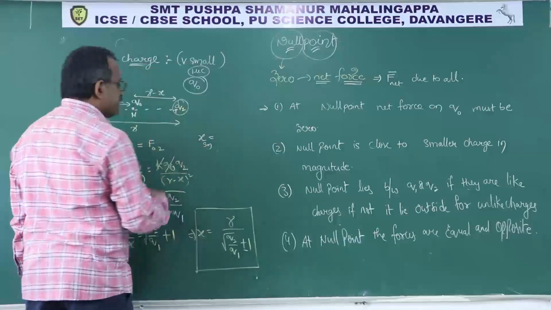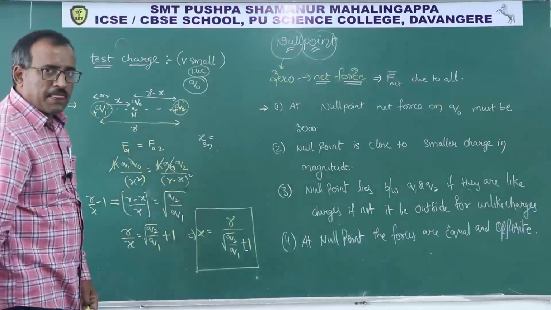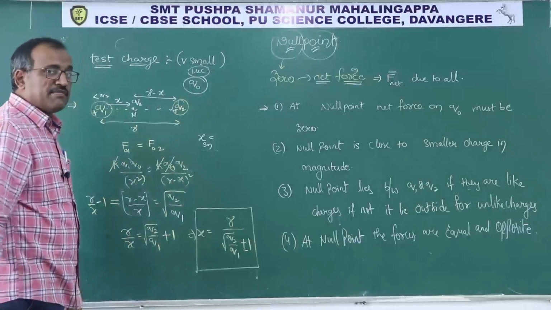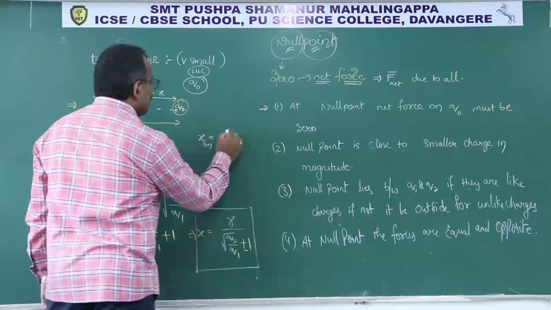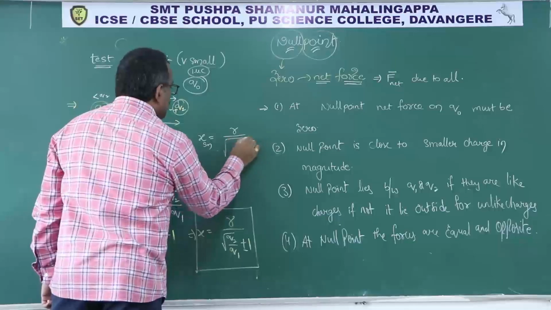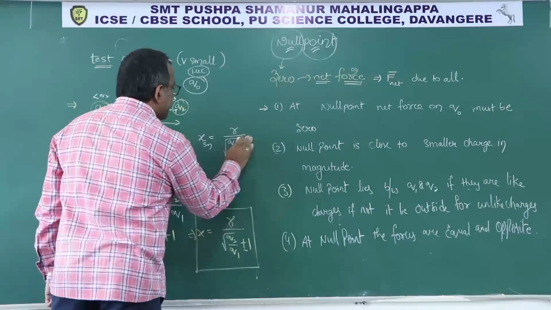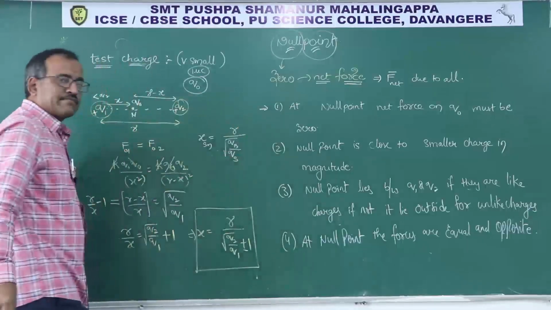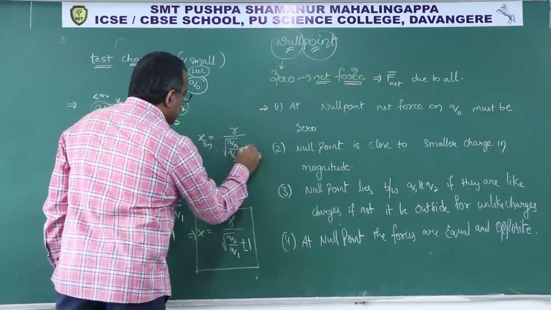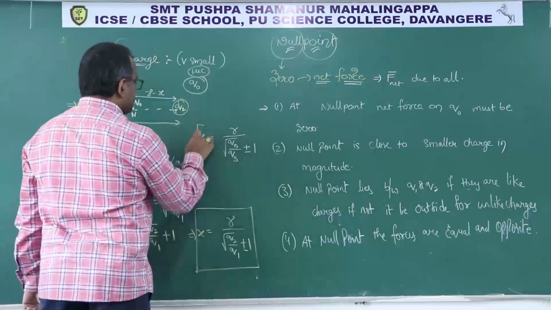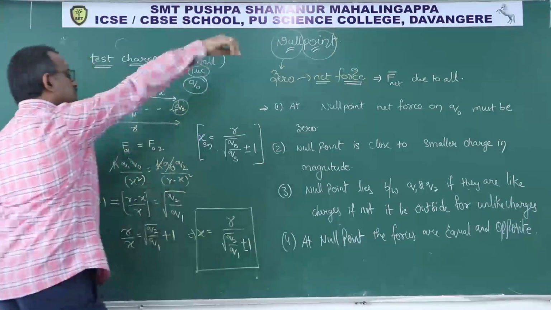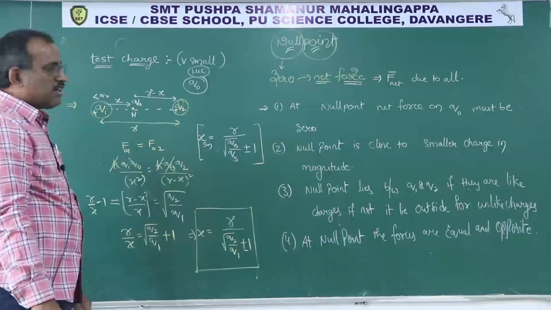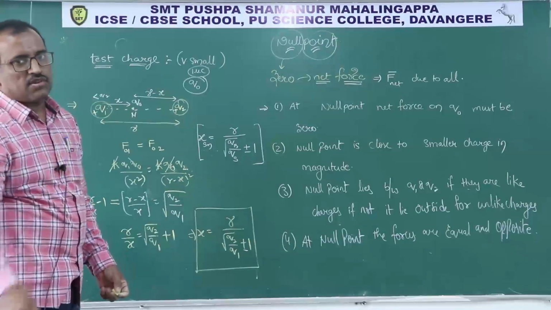X smaller means the distance of the null point from the smaller charge in magnitude will be R by under root Q bigger by Q smaller plus or minus 1. Q bigger by Q smaller plus or minus 1.